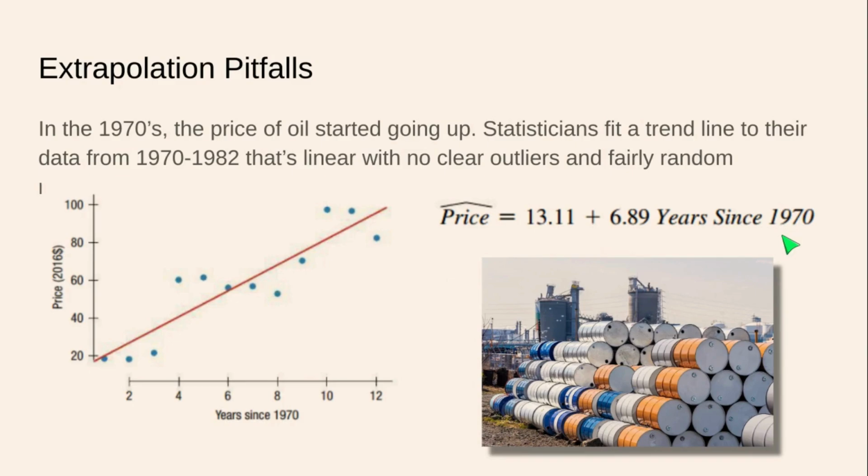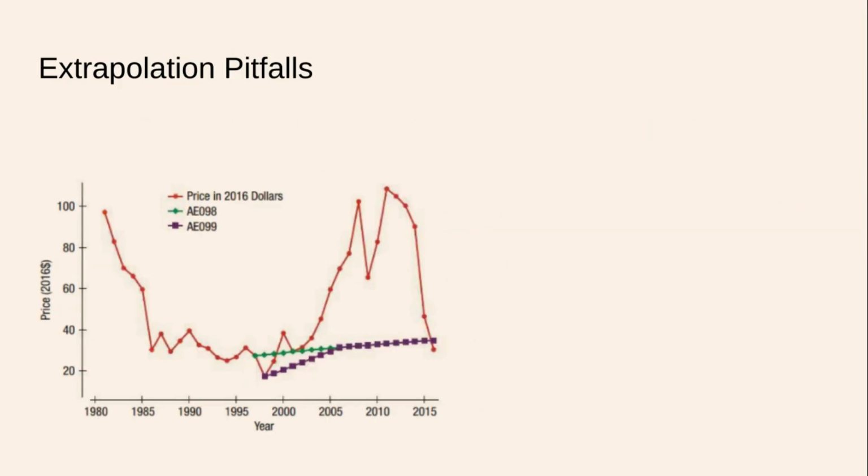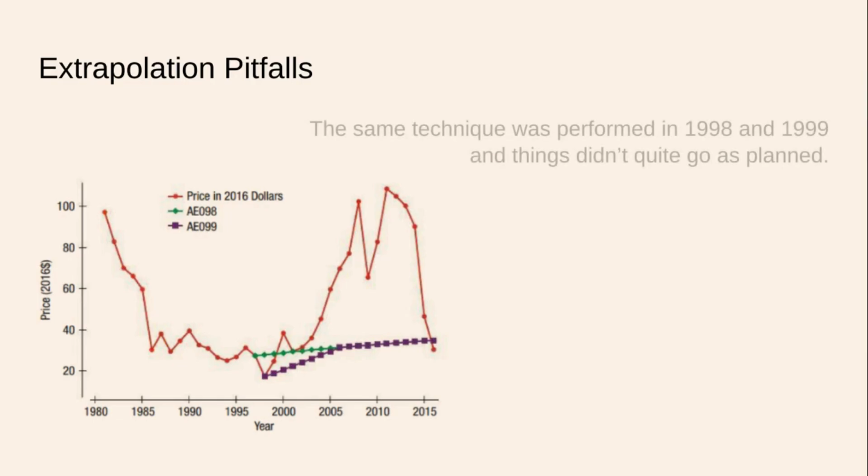So now we can make guesses on the price of oil after 1982, right? Right? No, we can't. What makes this even more interesting is that they tried the same technique in 1998 and 1999.